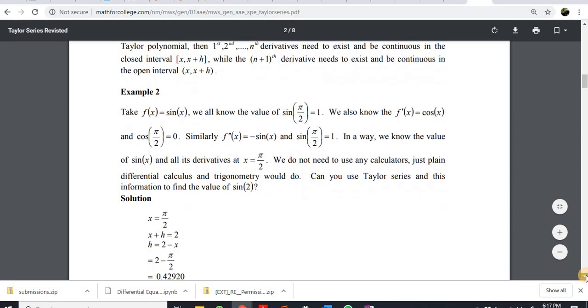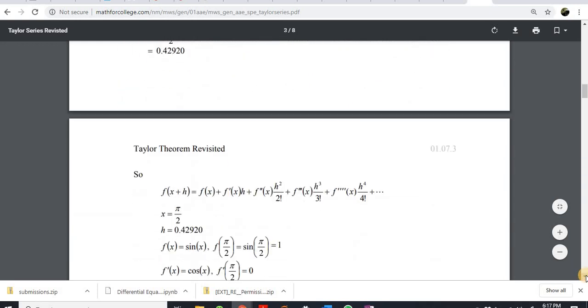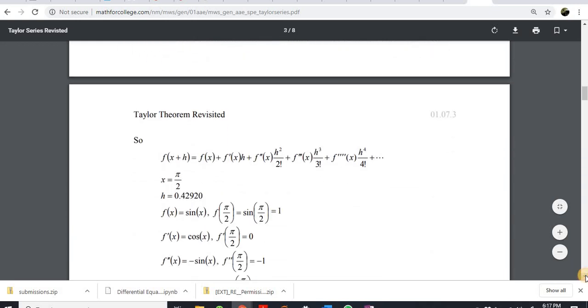So he shows this. Now, I think that sometimes they use x and h. Sometimes they use different notation. I think they may use a and x. So let me see here.